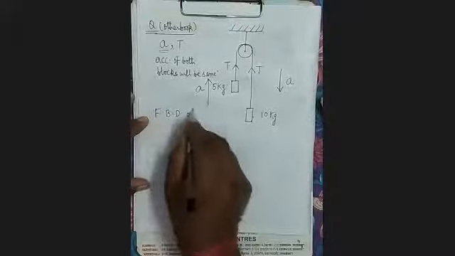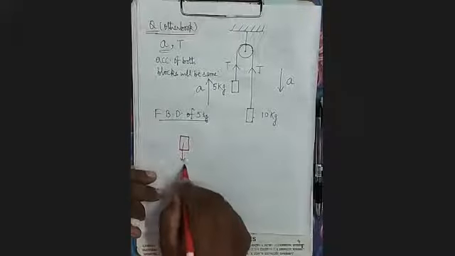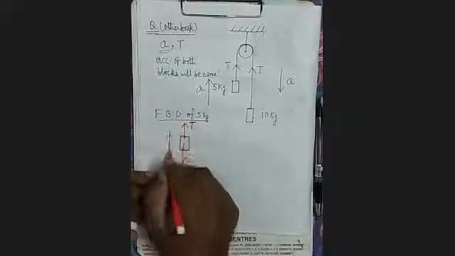You make the free body diagram of the 5 kg mass. It is very simple. Its weight will be 5g in the downward direction. Tension will be in the upward direction. What is its direction of motion?